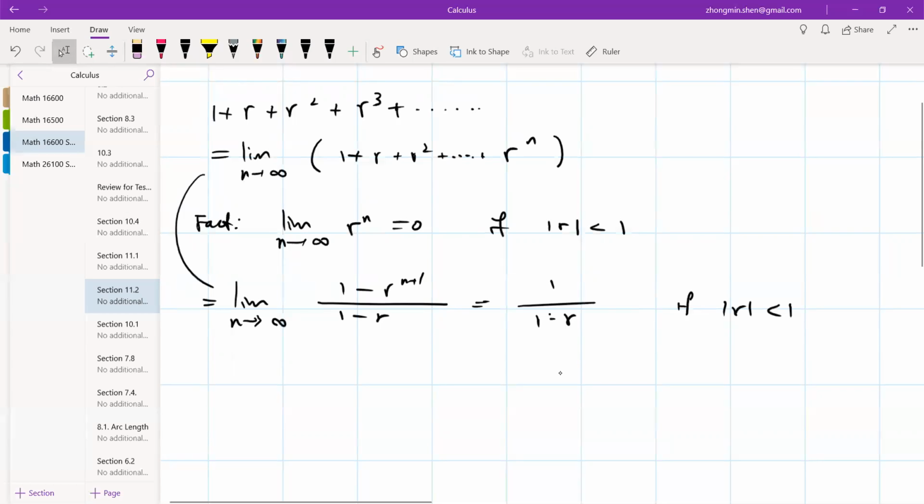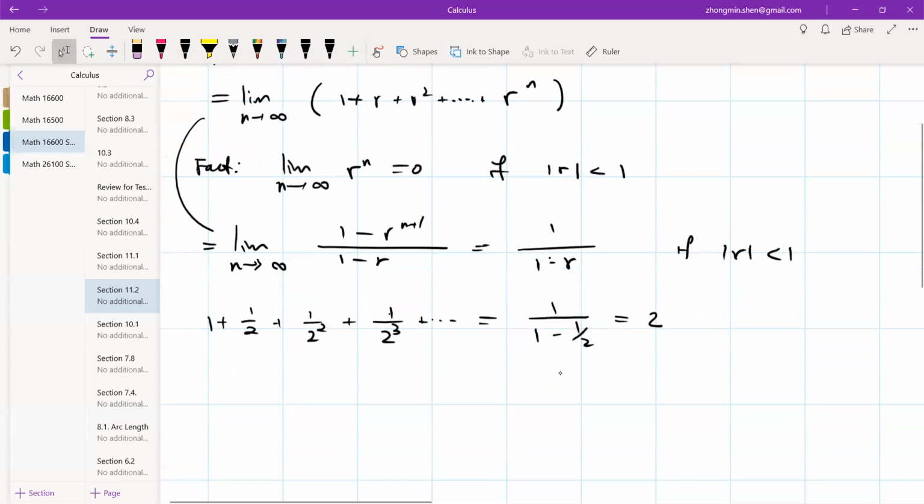This is a special case like 1 plus 1 over 2, 1 over 2 squared, 1 over 2 cubed, and just keep going. If r is 1/2, the answer is 2.